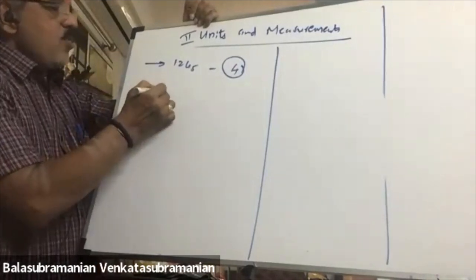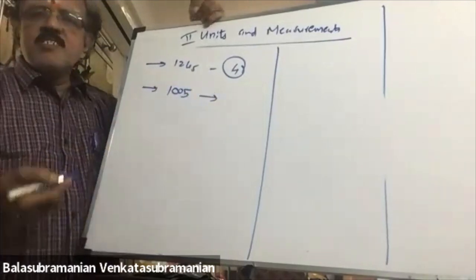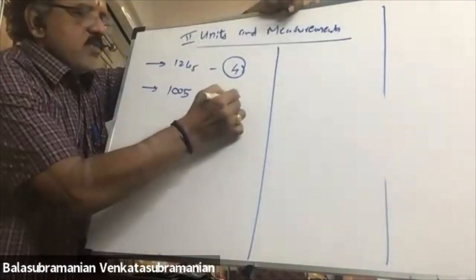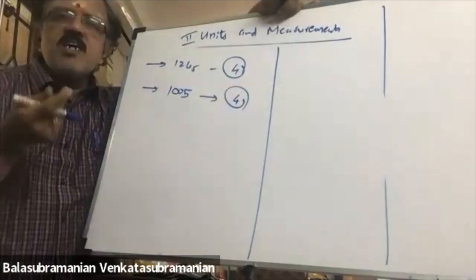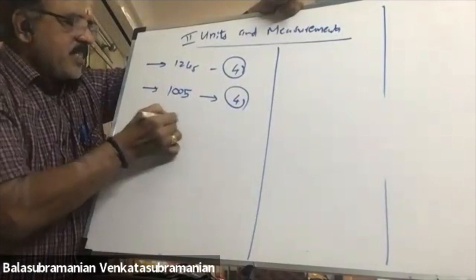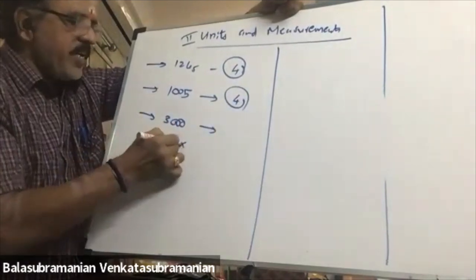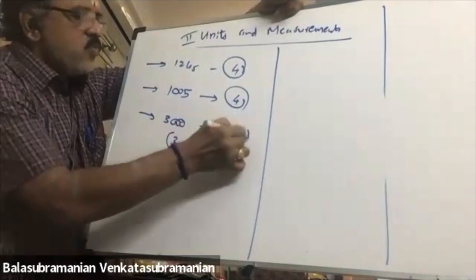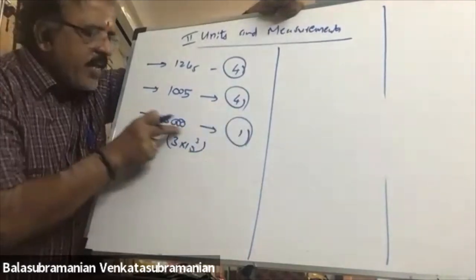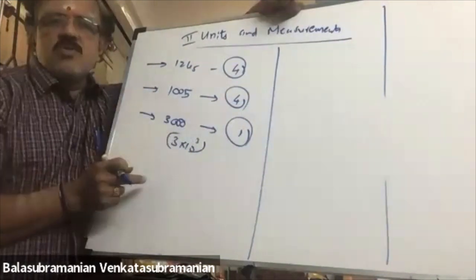Sir, I am getting 1005. How many significant figures, sir? 4. Sir, 0 is not significant? Absolutely correct in some cases. 3000: the number of meaningful digits in this number is 1, as 3 into 10 power 3. Here you have not taken the zeros into account. This is called a trailing 0.